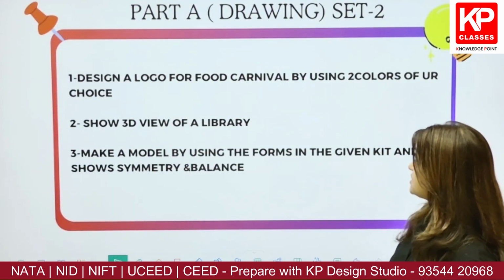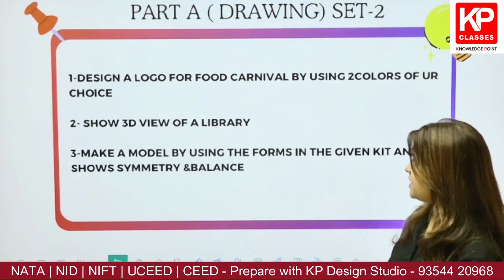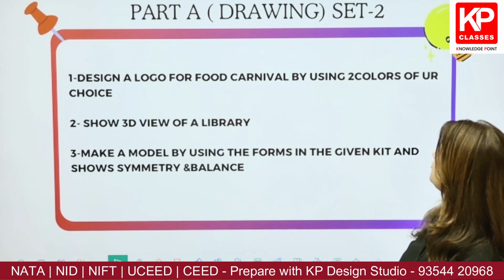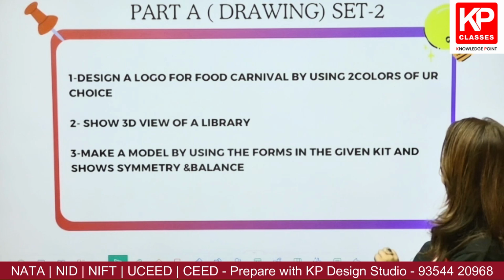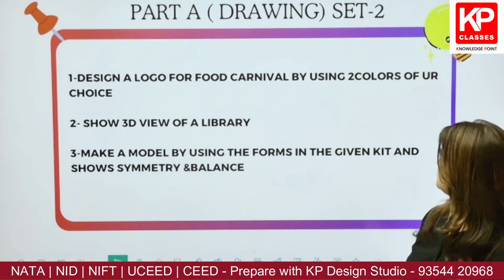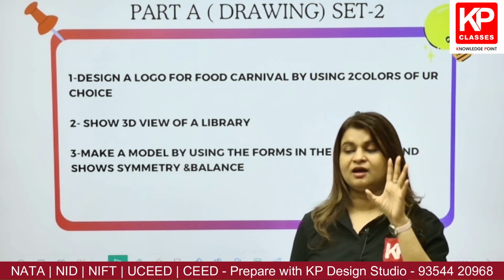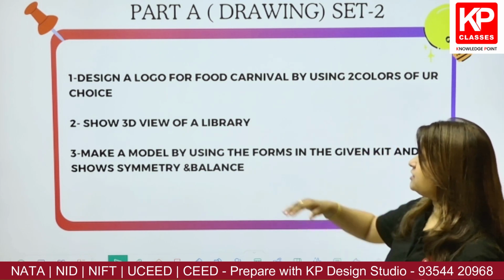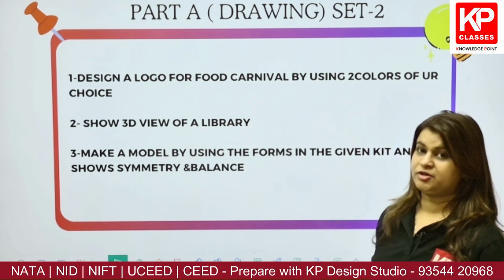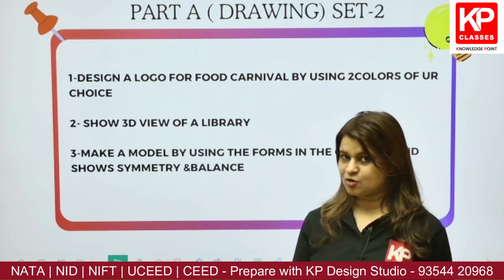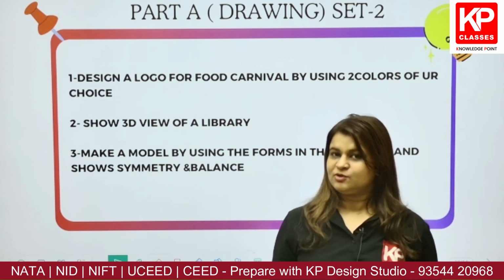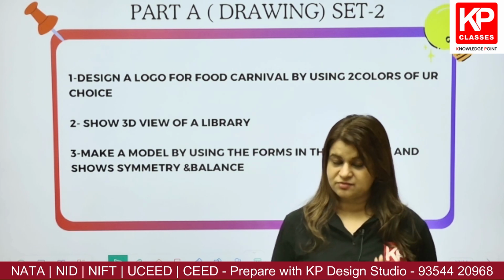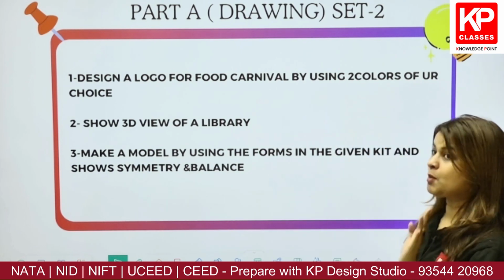Then this is the set. This is the next set, where we have designed a logo for a food carnival by using again two colors of your choice. So again, a limitation in terms of color has been given. Then show a 3D view of a library. So after a long time we have got a question where you need to use perspective and draw an interior space with all the required details.